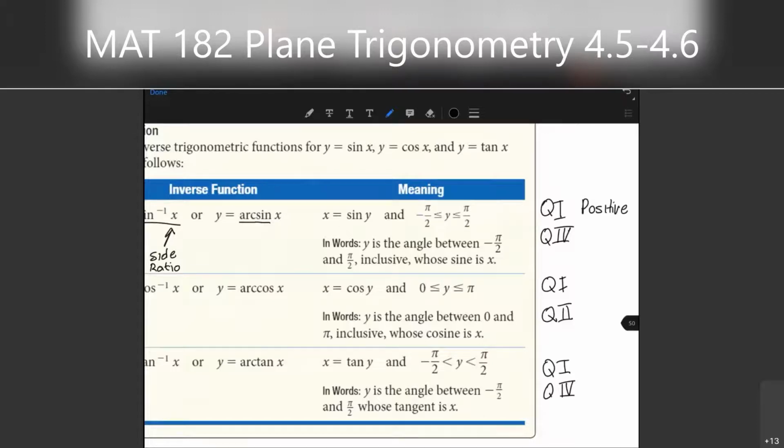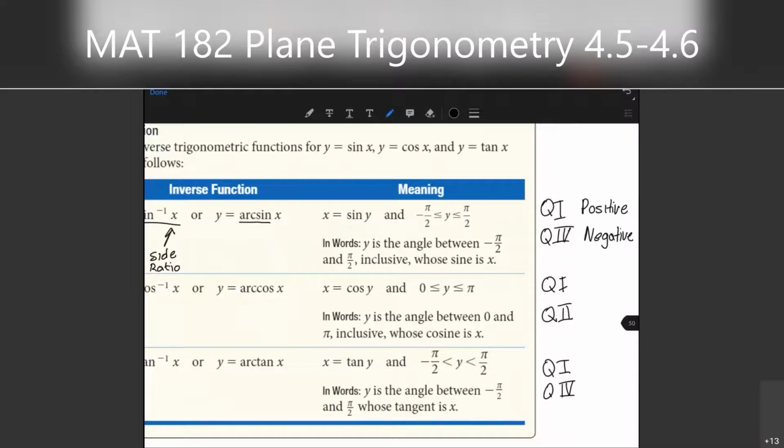And if our sine is a negative ratio to start with, we'd have an angle in the fourth quadrant. So with a sine inverse, the only solutions will be in the first quadrant or the fourth quadrant, depending if it's positive or negative.